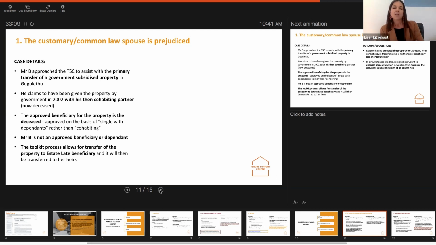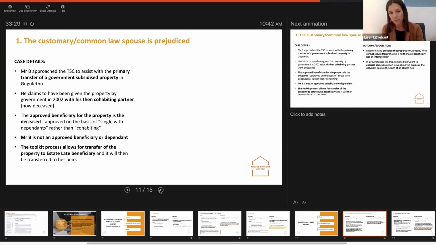So as we've seen in the third process we've just outlined, we have a process for how to transfer a property to a estate late beneficiary. The deceased in this scenario, remember, wasn't married, so there's no surviving spouse.